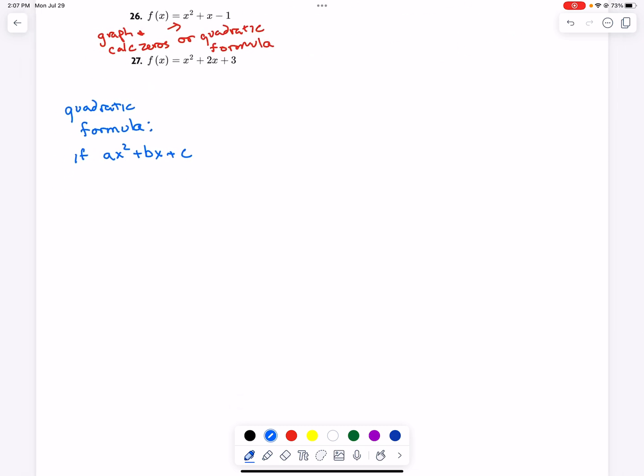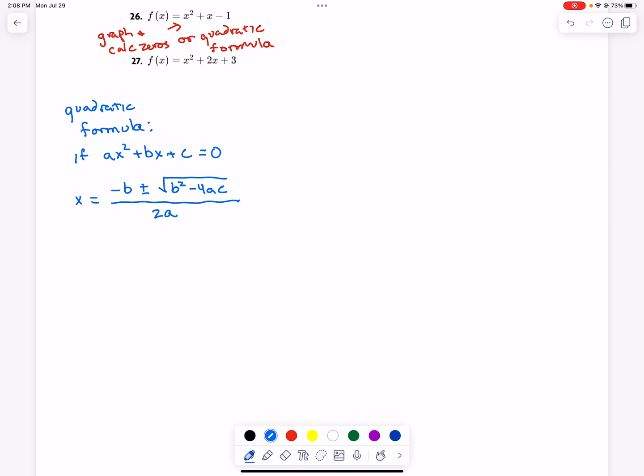Okay, a is the number that goes with x squared, b is the number goes with x, and c is the constant term. If this equals 0, then x is opposite of b, plus or minus square root b squared minus 4ac. Watch that when c is negative, that ends up being addition. Sorry. Just made a bonking noise.